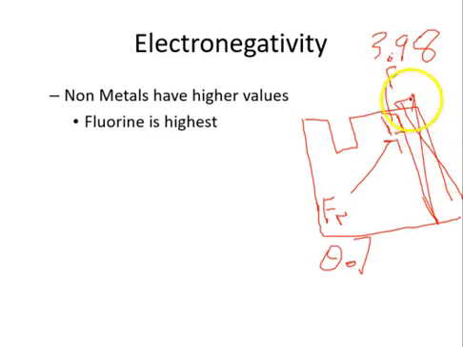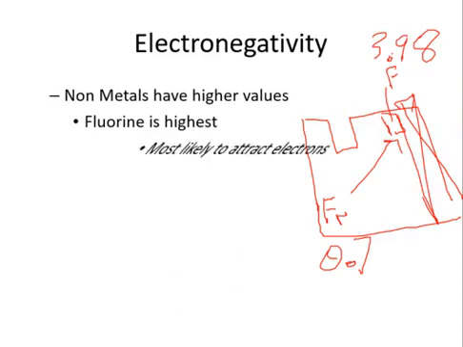And the noble gas columns don't have any. So there's these two F elements on the periodic table. And if you know the electronegativity for francium and fluorine, then you could figure out the electronegativity trend for any other element. So the closer you are to francium, the lower your electronegativity is. And the closer you are to fluorine, the higher your electronegativity is.